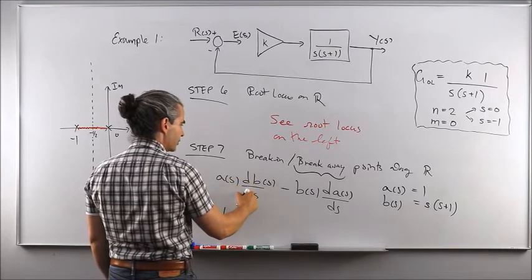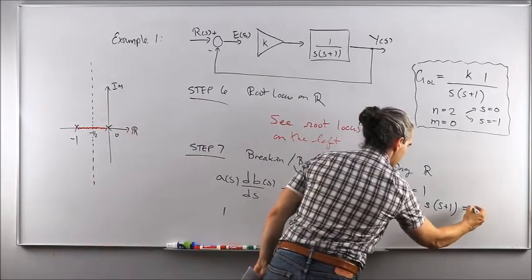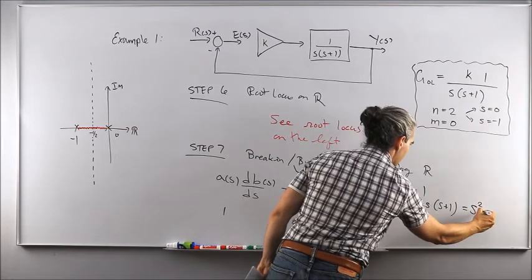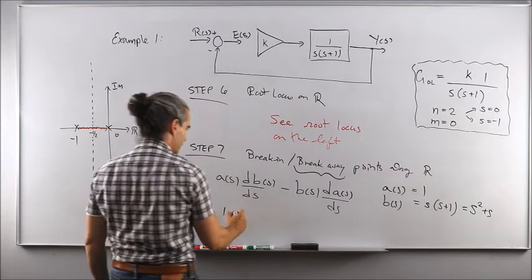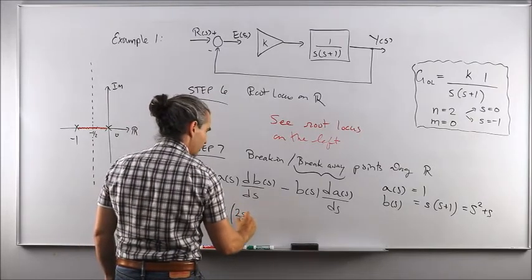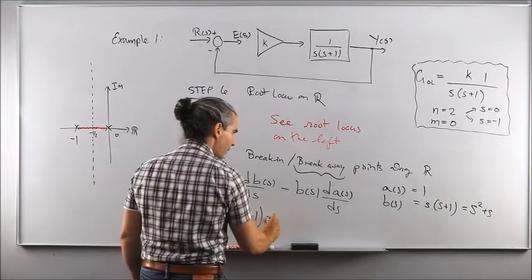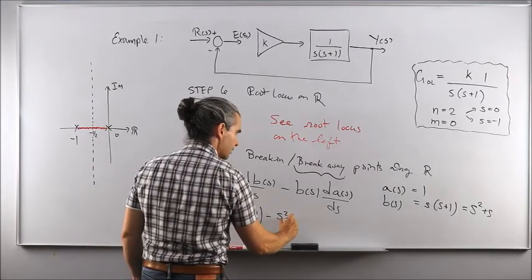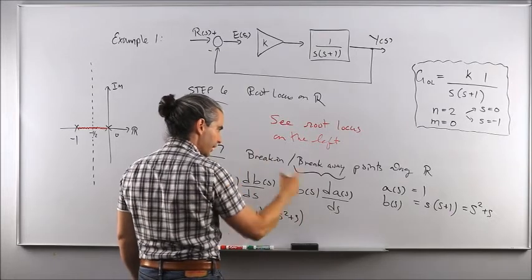Derivative of B with respect to s. Well, to help me out, I'm going to rewrite it as s squared plus s, such that I'm going to get times 2s plus 1 minus B, s squared plus s, partial derivative of A with respect to s.